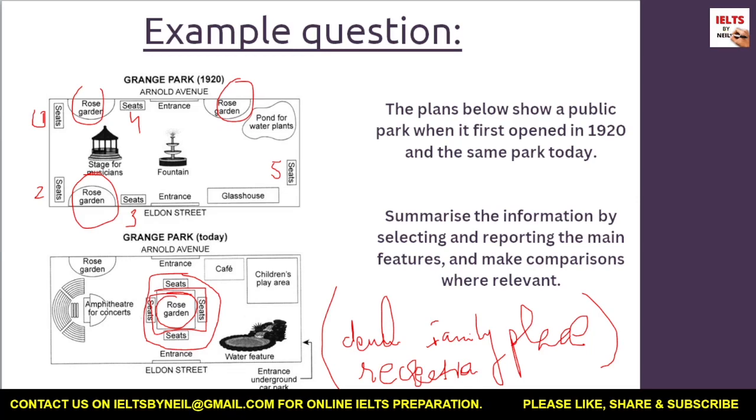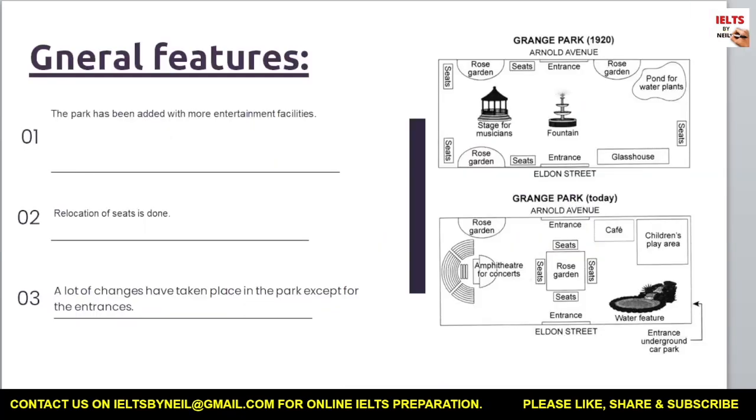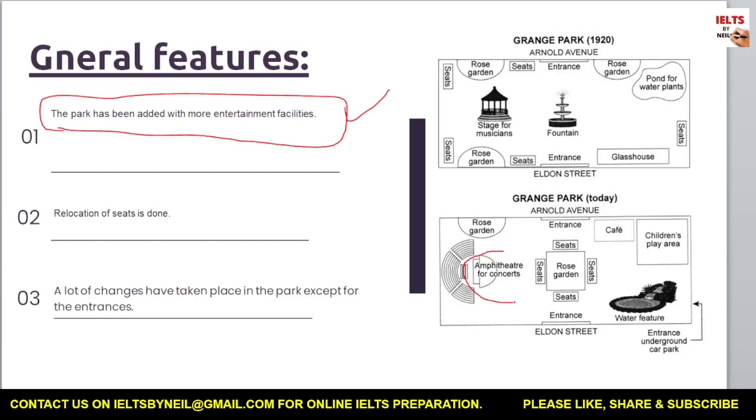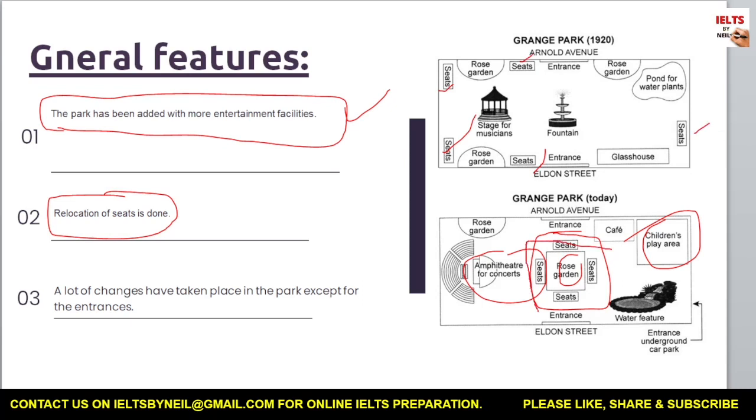Now let's have a look at general features, we call it. So the park has been added with more entertainment facilities. That is true, because see this amphitheater, rose garden, and the seats are here around that. Children's play area, again, is entertainment area, right? Relocation of seats is done. So before it used to be all over the place, these seats, now they are at the one place, right?